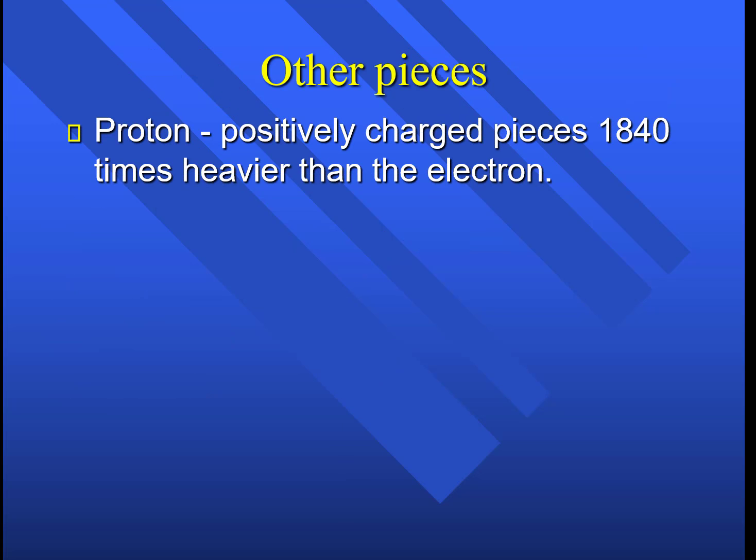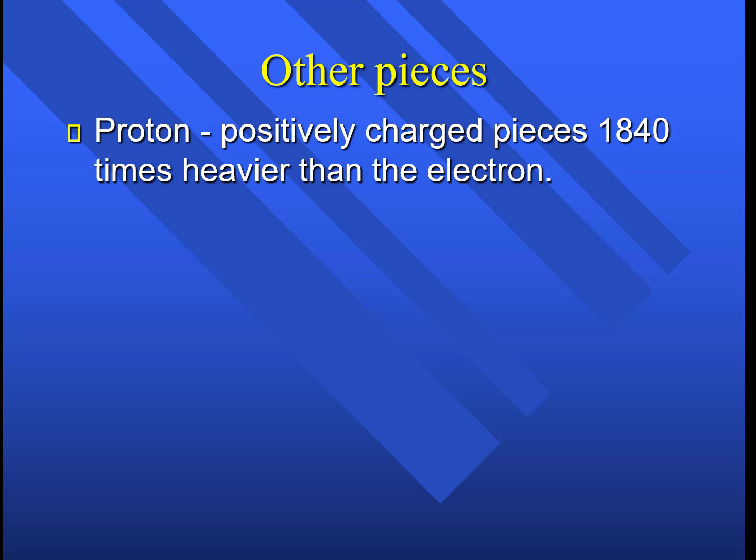So they did find the protons. The protons have a positive 1 charge. And I put 1840. I've actually seen people put 1837. I've seen people put 2000 because that's the idea. It's about 2,000 times heavier. To give you a sense of scale. Give you one sense of scale.